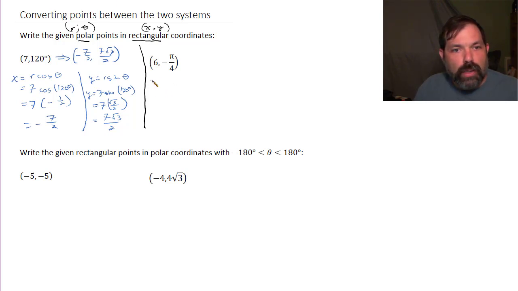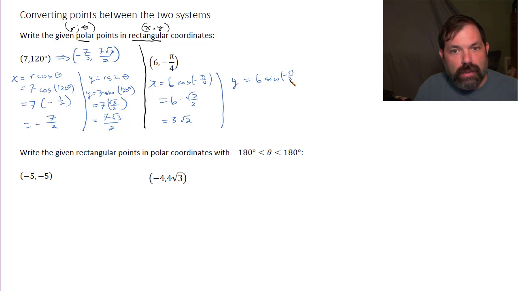All right, so then x would be 6 times the cosine of negative pi over 4. The cosine of negative pi over 4, so let's see, that would be a positive root 2 over 2. So that would be 3 root 2. And y would be r sine theta, so 6 times the sine of negative pi over 4.